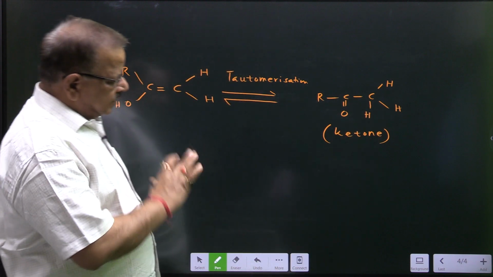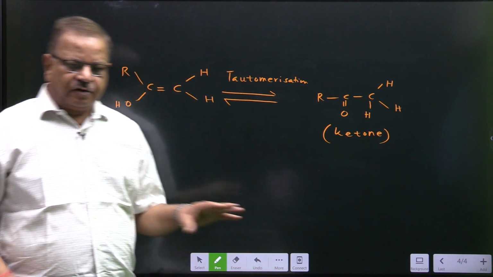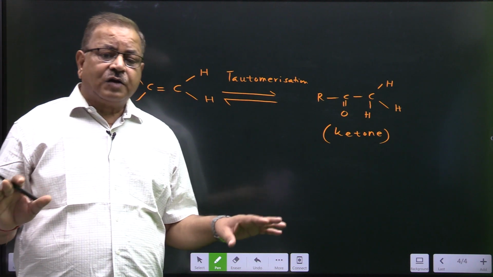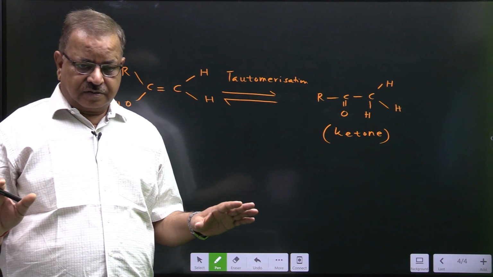That is too simple to understand. In all cases except acetylene, we get a ketone during the hydration of alkynes.